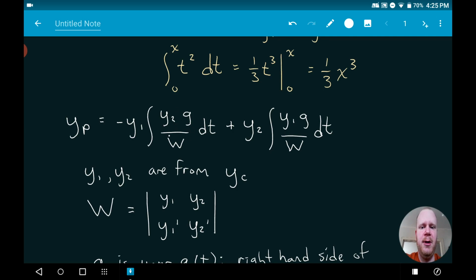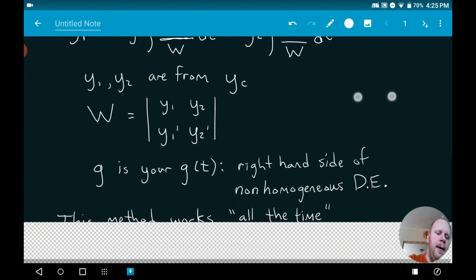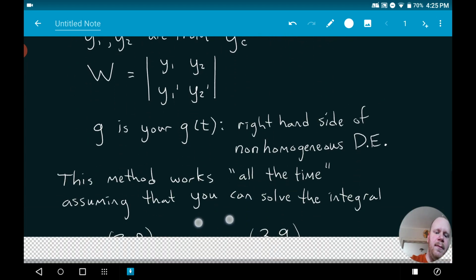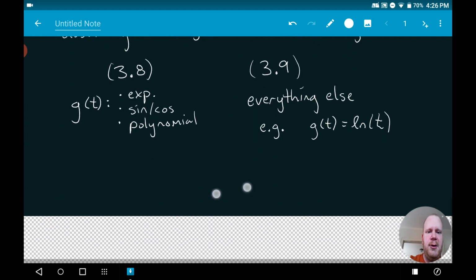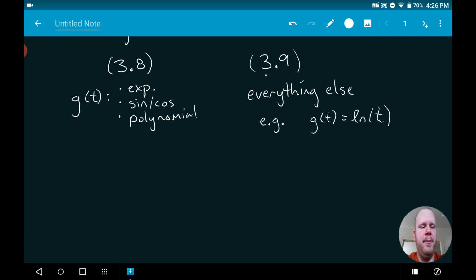If you just choose some random equations, this can become really complicated really quickly. So yeah, I'll just kind of have that bit of warning there. But when it does work out, this works out really easily, right? The problems in your book are designed to demonstrate the beauty of variation of parameters.